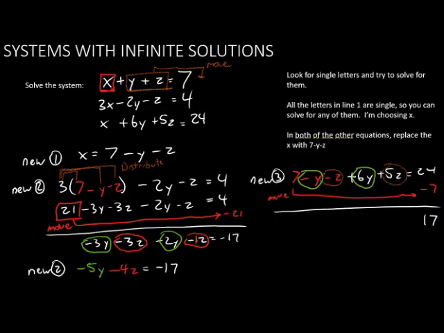If we combine the y's together, 6y minus y gives 5y. And the negative z plus 5z gives positive 4z. And this will equal 17, and that will be our new line 3. Now we'll take both of these new lines to our next page and see if we can solve them as a system.